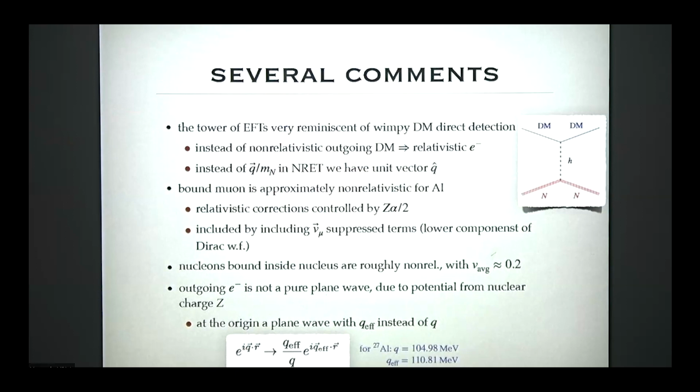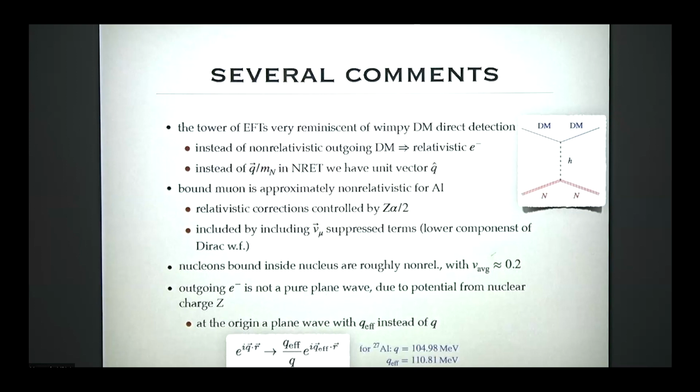There are differences. Of course, I have a non-relativistic dark matter that goes into a non-relativistic dark matter. Here, you have a muon that goes into an ultra-relativistic electron. So the change will be that instead of having something that needs to be Galilean invariant, this Q, the momentum exchange over Mn, now gets replaced by some ultra-relativistic unit vector.